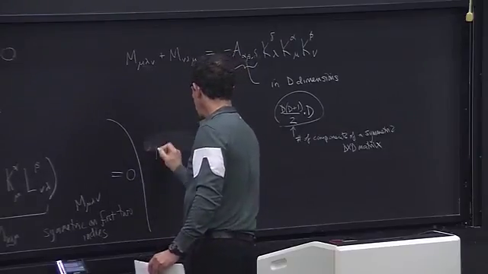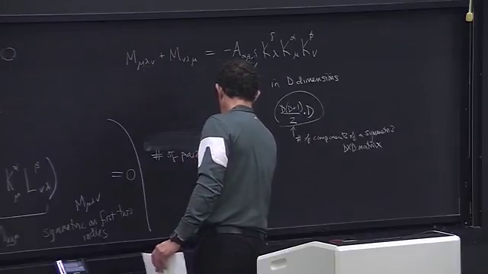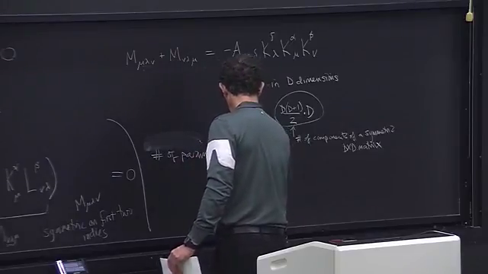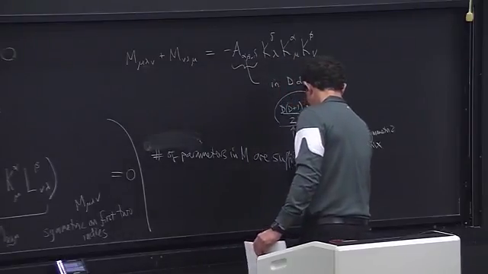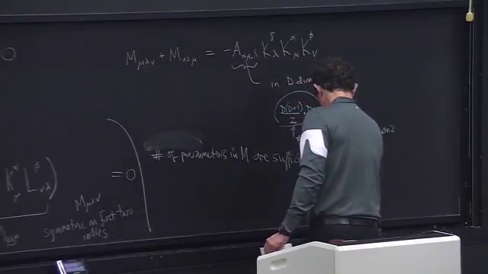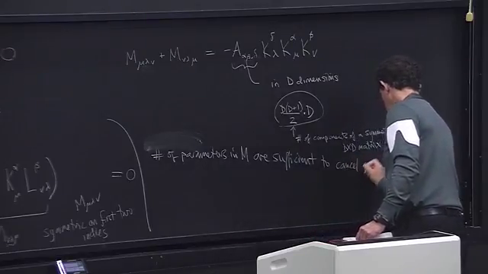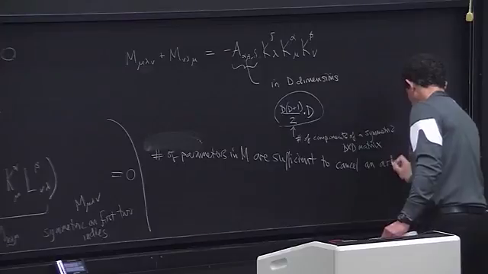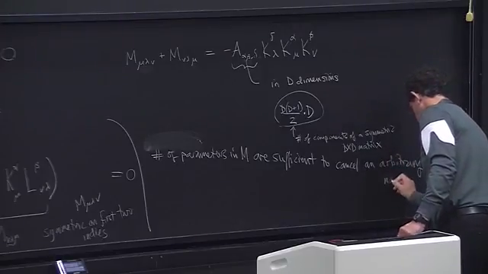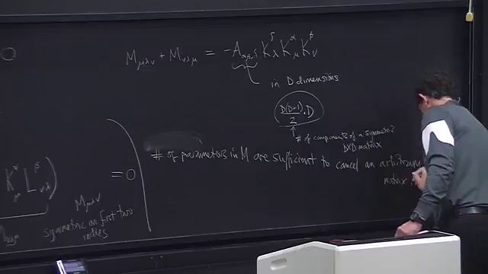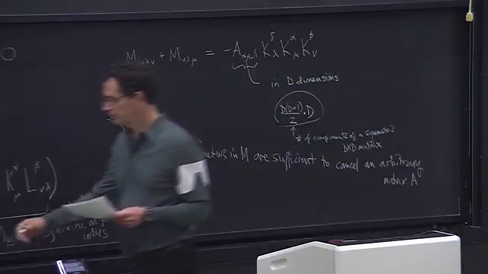The number of parameters in M are sufficient to cancel an arbitrary matrix A. The number of parameters are equal.